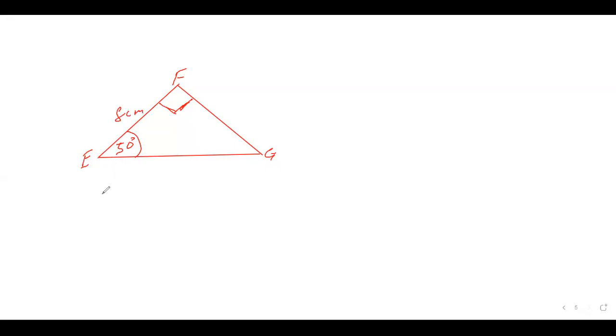And they say calculate the length of EG. I want to find the length of EG. Everybody see that?